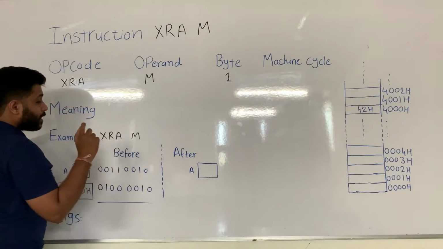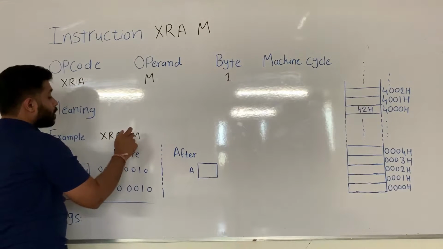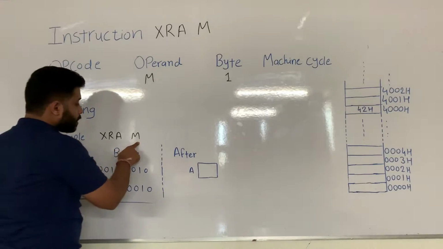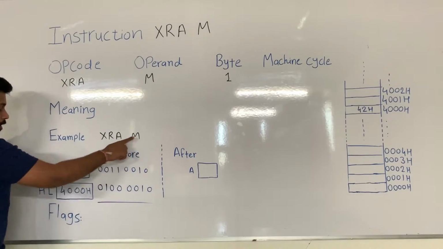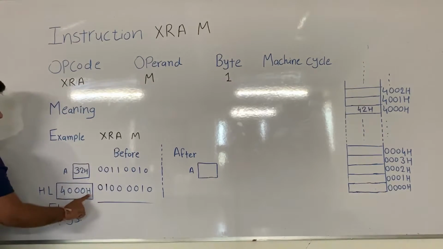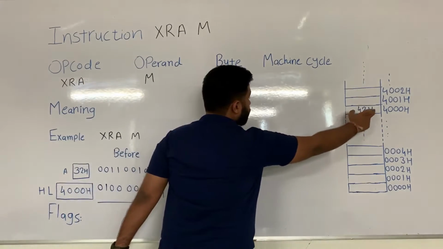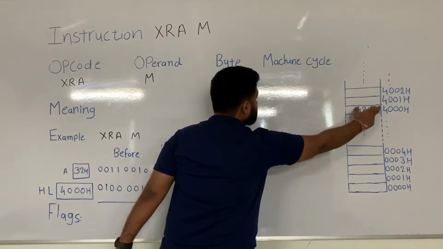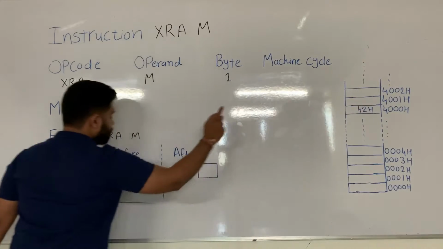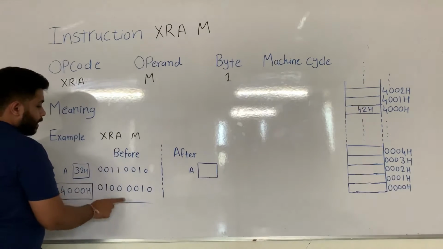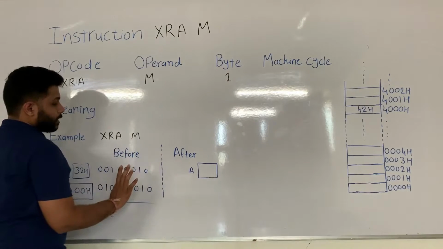XRA M means logical XOR between the accumulator and the content of the memory location specified in the HL pair. In the HL pair, 4000H is specified. So whatever data is present in 4000H will be XORed with the accumulator, and the answer will be stored in the accumulator.